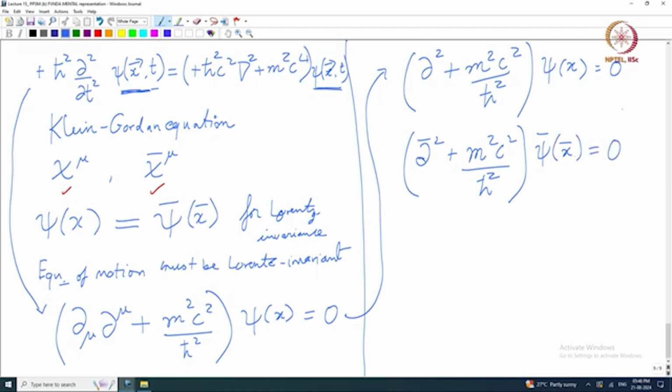Okay, so let us call this frame 1 and frame 2. In frame 1, this is in frame 2. And we just said that we explicitly demanded that psi of x equals psi bar of x bar. So, that is taken care of. Now, we need dou squared equals dou bar squared. Now, would that be true?